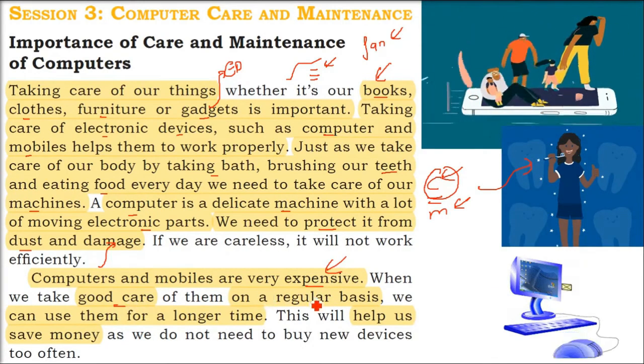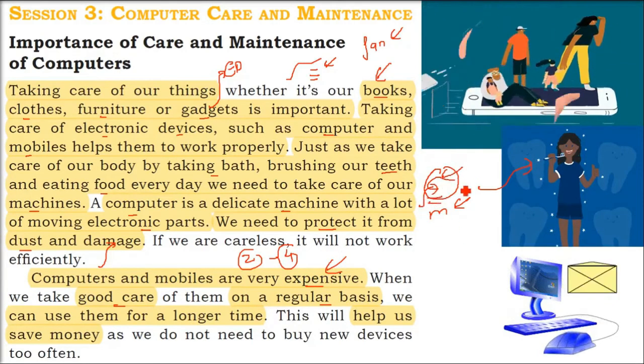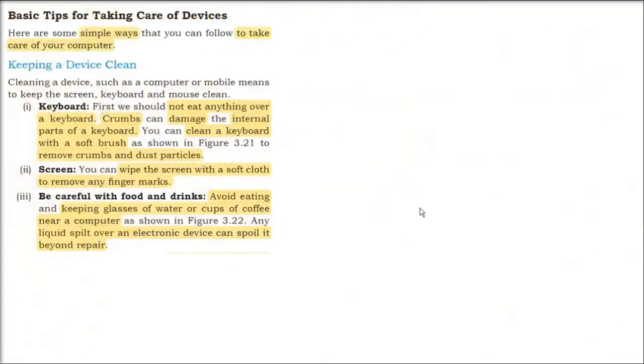So why not get rid of this situation? The only way is to take good care of these computer and mobile devices on a regular basis. For example, your battery, maybe you're working for 2 years. Why not take care so that your battery works for 3 to 4 years? You can use it for a longer time and save money.